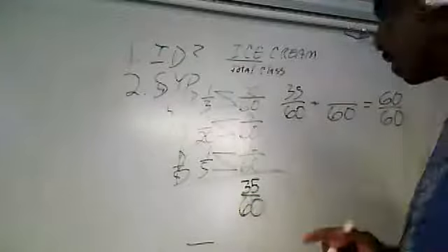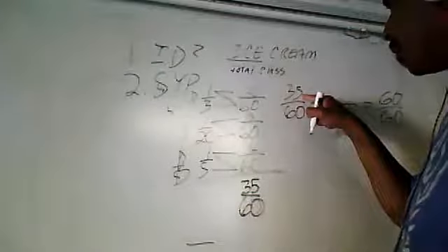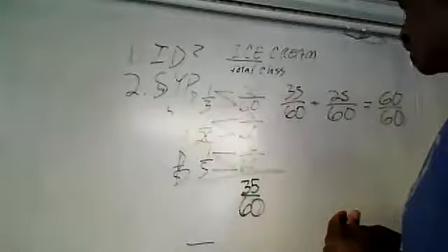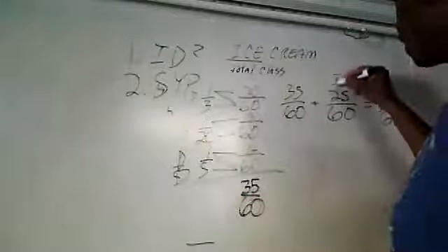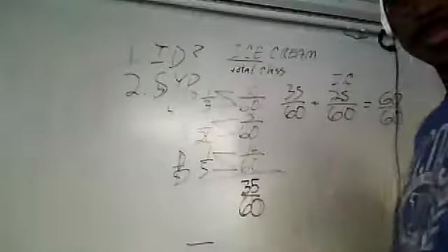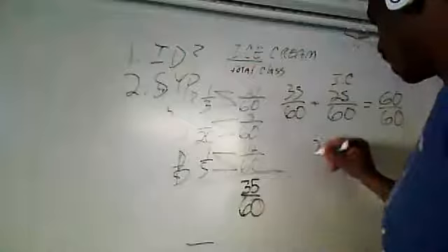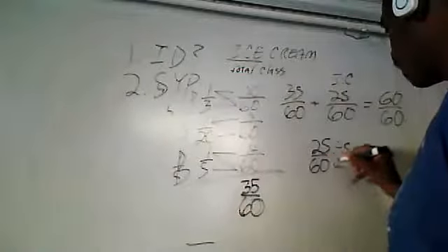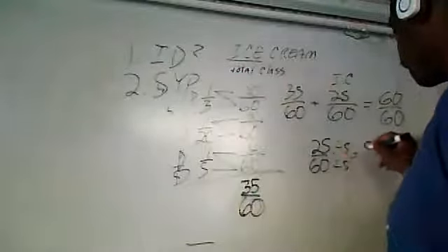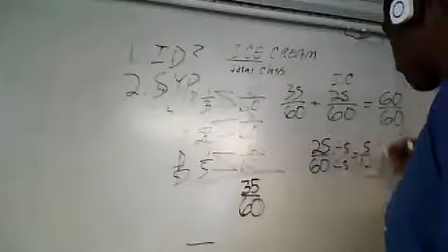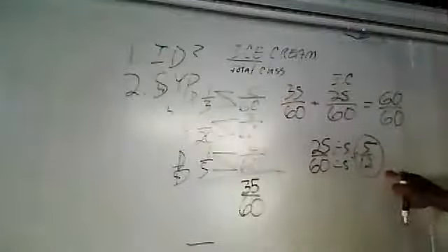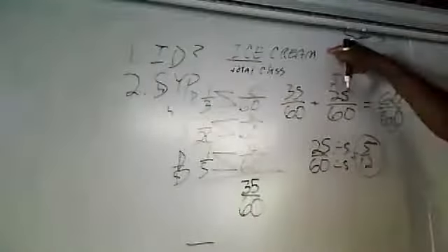Okay, so then we have to figure out what number plus 35 equals 60. Well, that's going to be 25/60th, or the ice cream portion. Okay, so then we take that 25/60th and then we reduce it by taking a 5 out. And so we get our answer: 5/12 of the class chose ice cream.